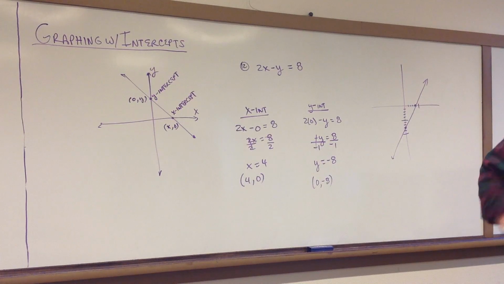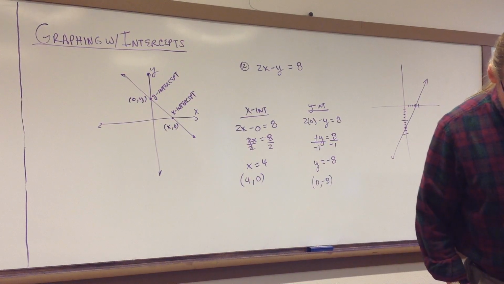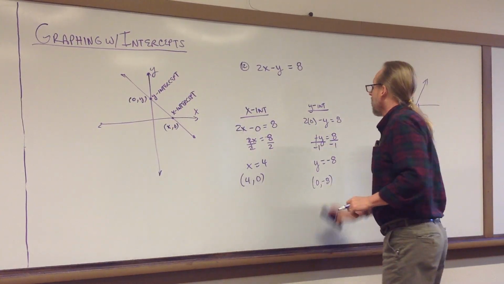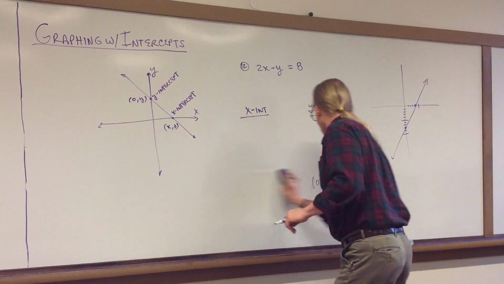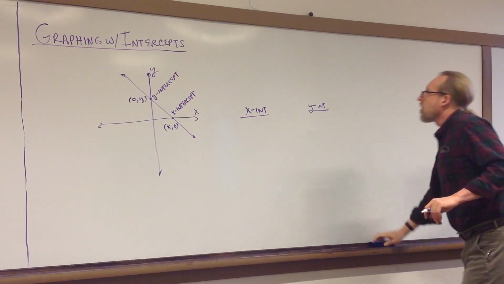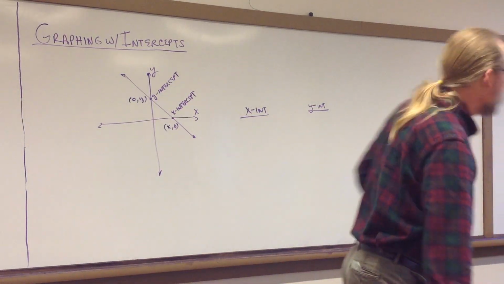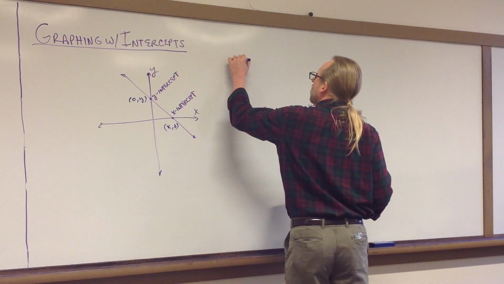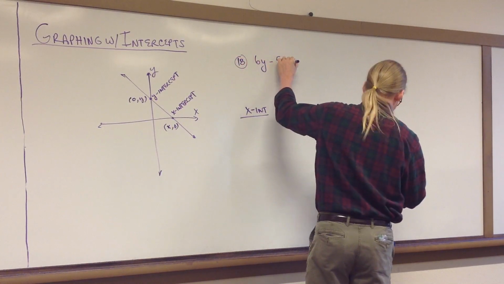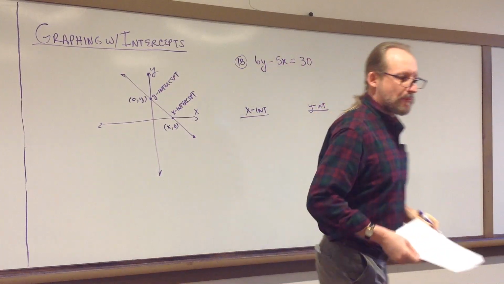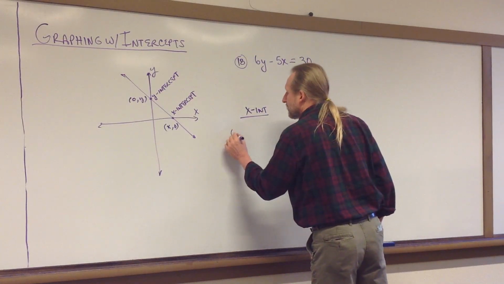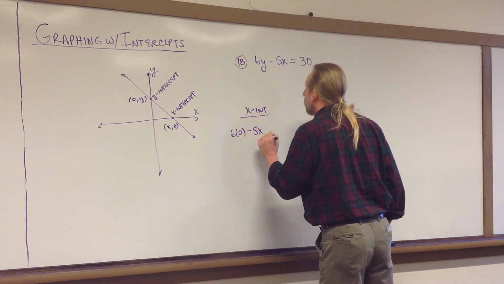Okay, let's see what else we've got here. Oh, let's go ahead, let's look at number 18. Number 18, what is it? 6y minus 5x equals 30. Okay, so for the x-intercept, put in the 0 for y.